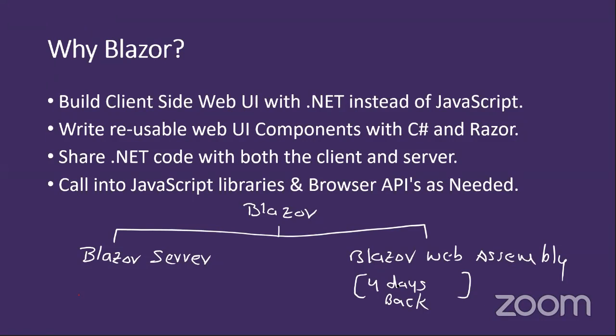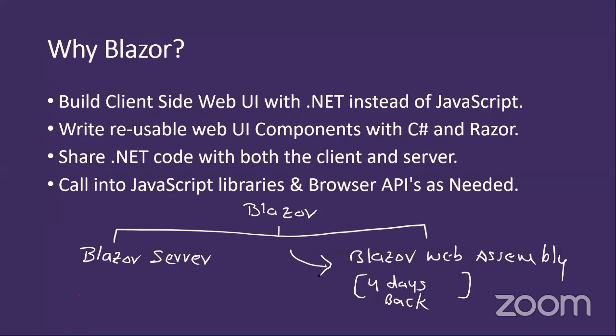People who were working on Blazor were waiting for this. That means people who already know Blazor were waiting for Blazor WebAssembly. And just 4 days back, WebAssembly was finally released for us, with complete production support.